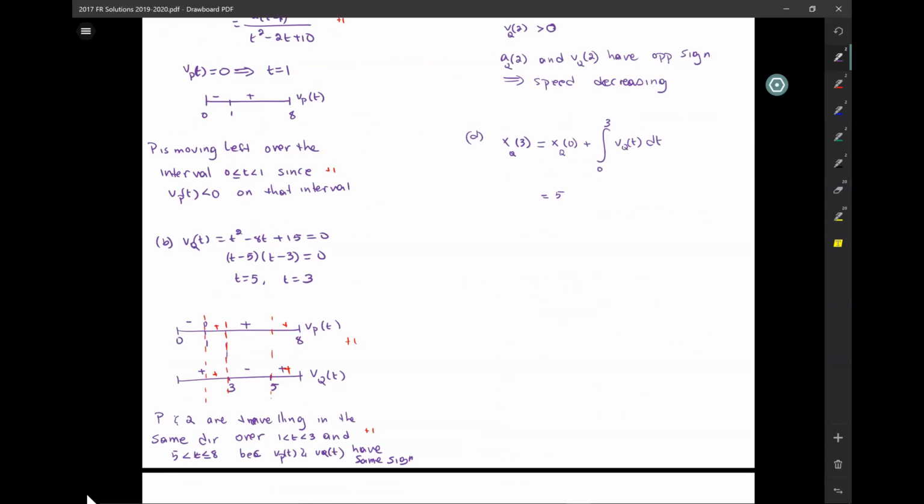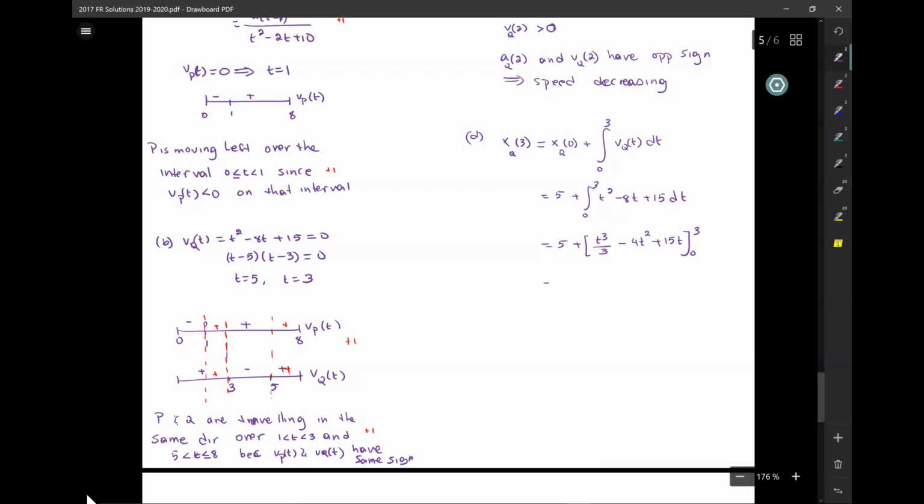This is a no calculator cycle, so this is 5 plus the integral from 0 to 3 of the function t squared minus 8t plus 15 dt. So this is 5 plus t cubed over 3 minus 4t squared plus 15t from 0 to 3.